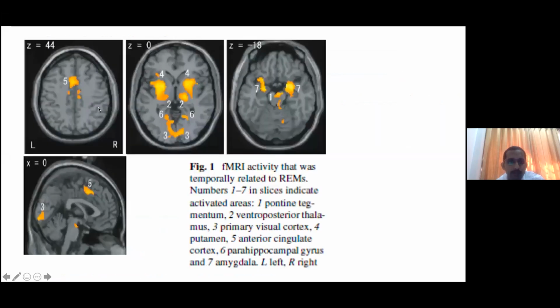The bilateral thalamus and bilateral parahippocampal gyrus are also involved. It just shows which areas are active. We cannot clearly say that these generate it, but we can roughly have an idea where the areas are active.